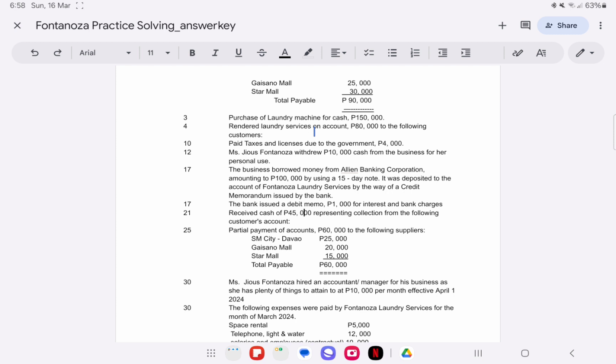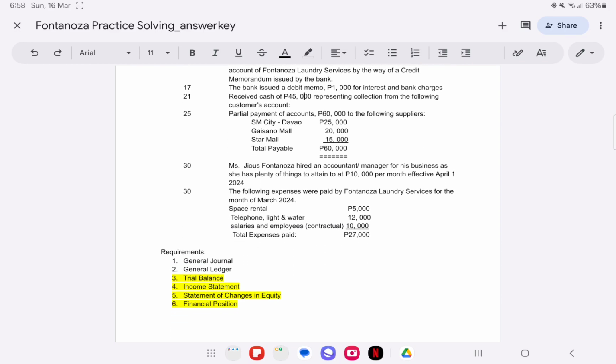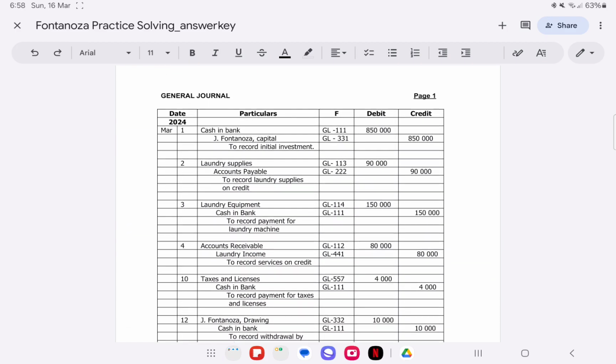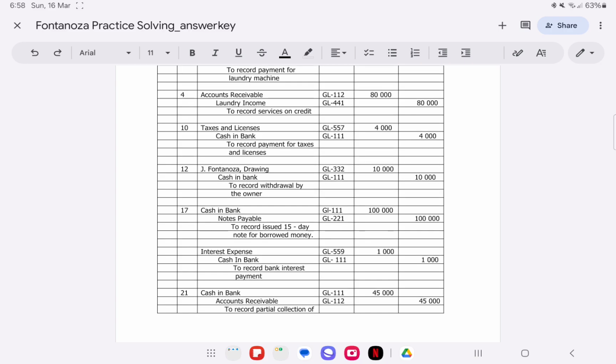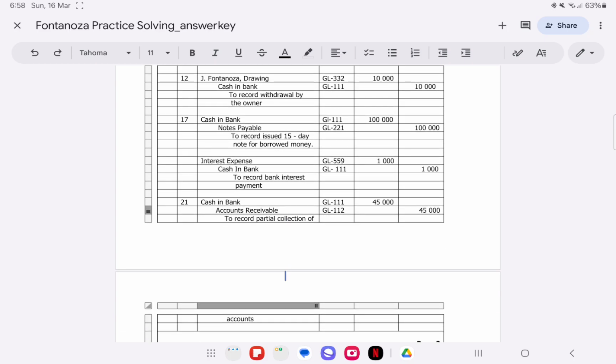So I will explain the transaction, and we will proceed to journalizing. You found here cash in bank 45,000 GL 111, and you credit accounts receivable GL 112, 45,000. This is to record partial collection of accounts.